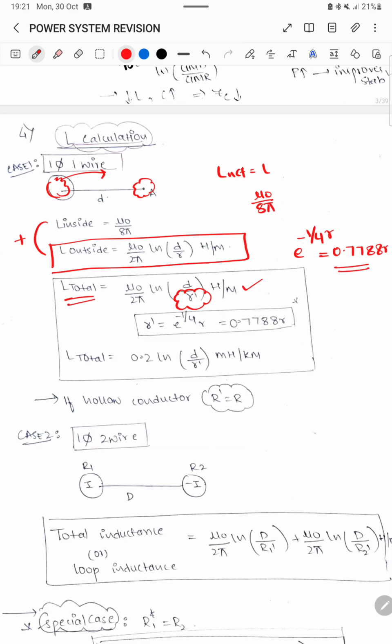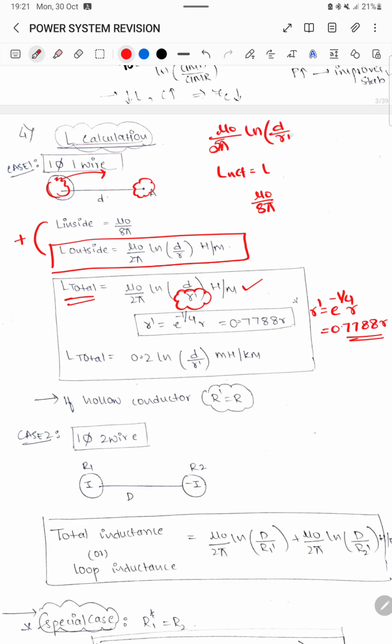Okay, let me again tell you, r dash is nothing but e to the power minus 1 by 4 times r, that is 0.7788 r. So your formula comes out to be mu naught upon 2 pi ln d upon r dash, where r dash is 0.7788 into r, in Henry per meter.